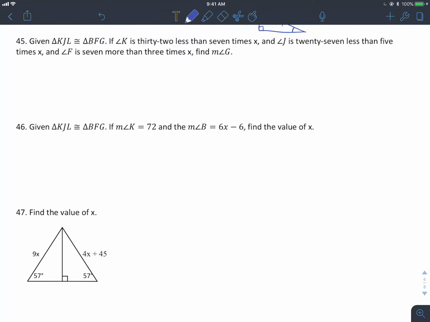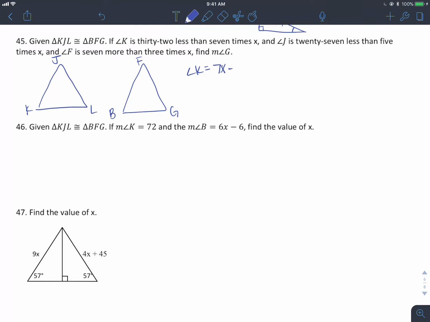On to number 45, it says KJL. I would suggest whenever you're given congruent triangles, always draw them out. So KJL is congruent to BFG. It says angle K is 32 less than 7 times x.